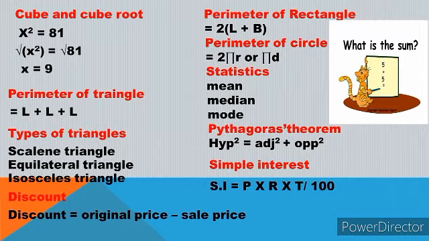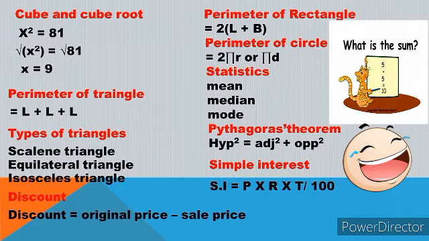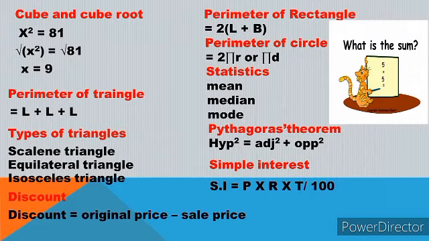Another interesting topic was Pythagoras theorem, which is used to find the longest length in a triangle, which is the hypotenuse. The hypotenuse is directly opposite the angle 90. So to look for the hypotenuse, or the longest side in a triangle, it becomes hypotenuse squared equals adjacent squared plus opposite squared.